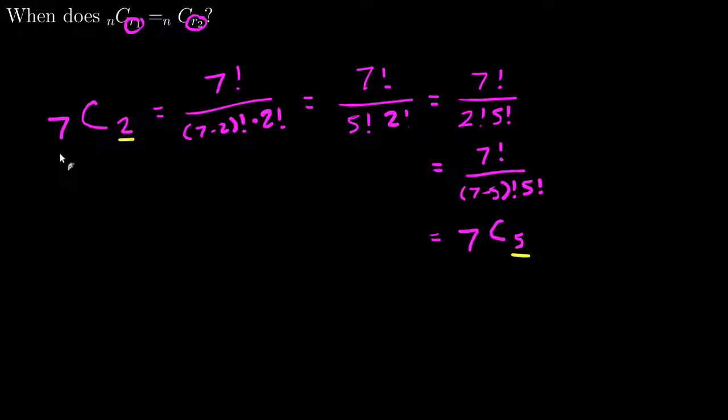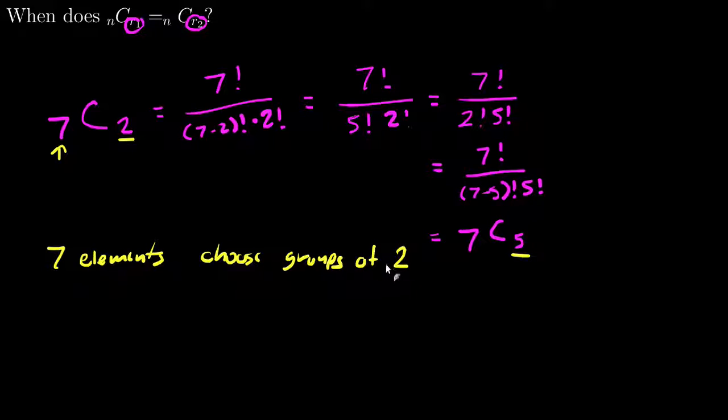If I have 7 elements, and I choose groups of 2, when I choose a group of 2 elements, or if I choose 2 elements to be in my group, I'm also effectively choosing 5 elements to be out of the group.